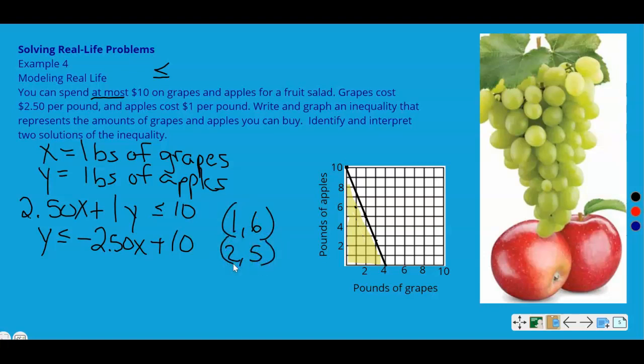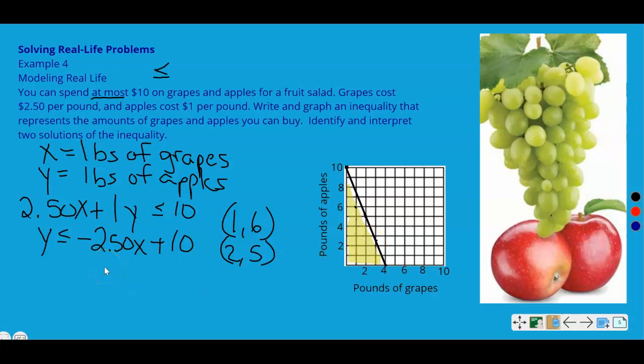You can see that any of the points inside the shaded region would be solutions of that set, but choosing whole pounds is what I did in these two cases. But you could buy half a pound of grapes, but anyways, anything on this boundary line or inside the shaded region below the boundary line would be solutions for this inequality.